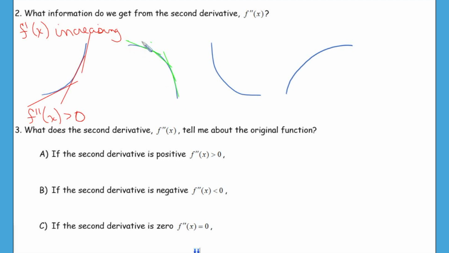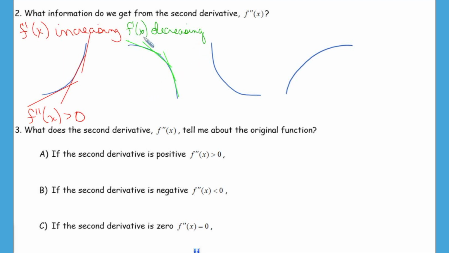So if these are getting steeper, but with a negative value, then we say that f prime of x is decreasing, because the value of the slopes is getting smaller. Even though I know that's a steeper slope, because it's negative, the value of the slope is getting smaller.